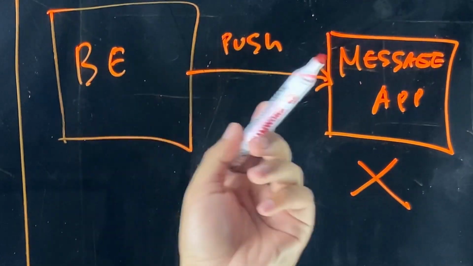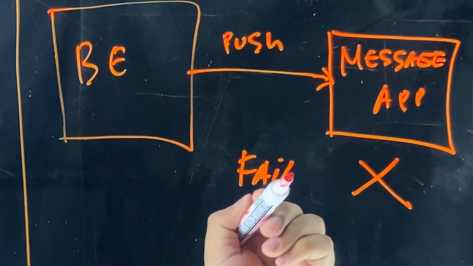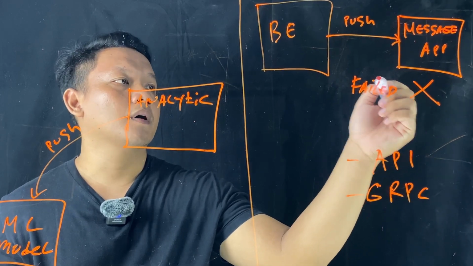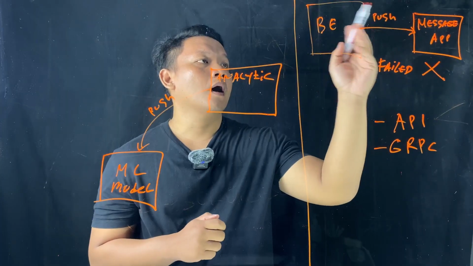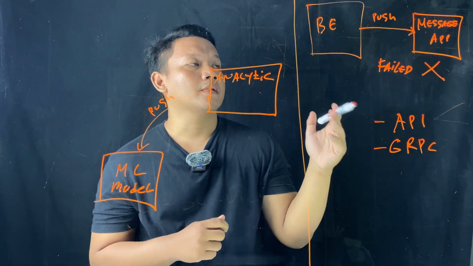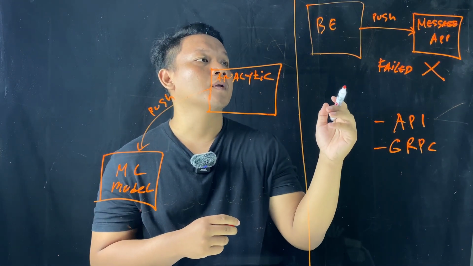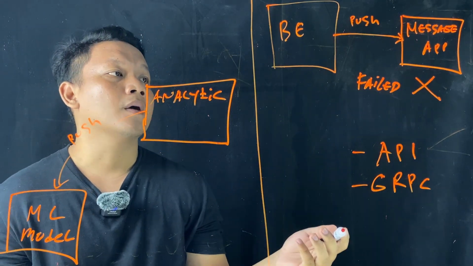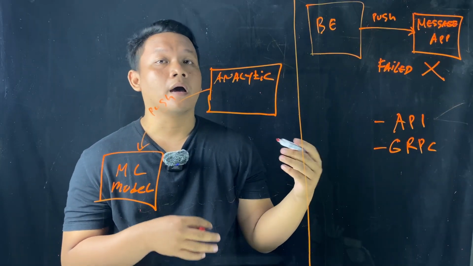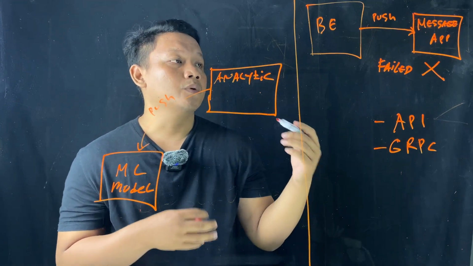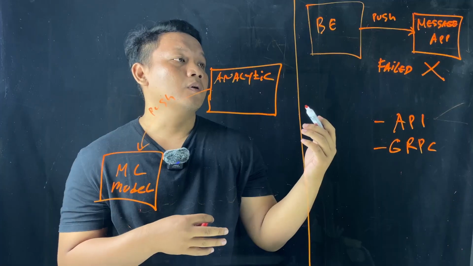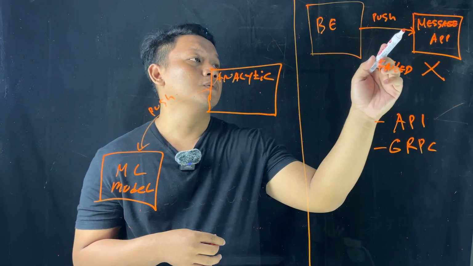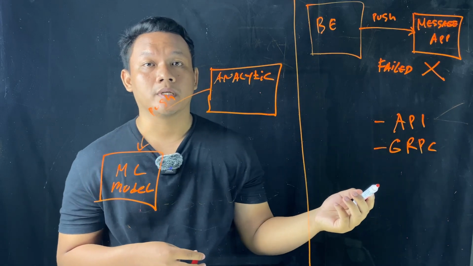Once the event is sent to the message app, it will fail because the service is down and can't receive any data. So how can you handle this specific problem? If this fails, you could probably just retry sending the data again. That's fine if you do everything in an asynchronous way, but if you do everything in a synchronous way, that will be a big problem because the user has to wait until this specific push succeeds, then they continue to the next process.